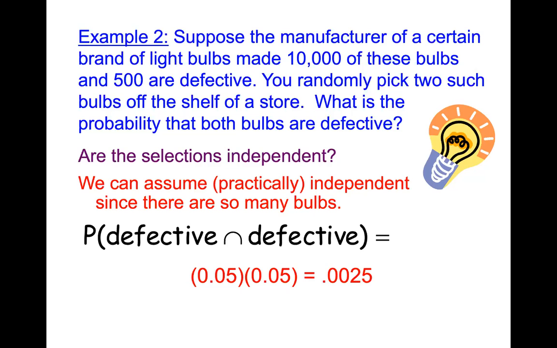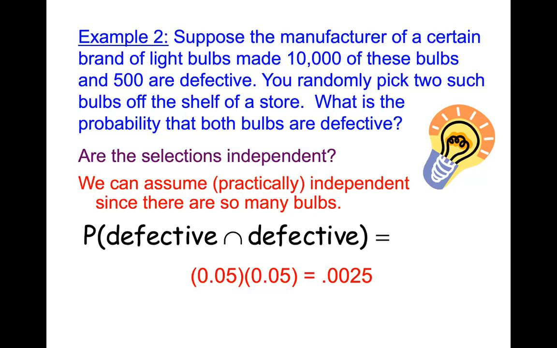13 out of 52 is 0.25. 12 over 51 is 0.23. So it made a pretty significant change, right? But if I'm doing 500 over 10,000, that's 0.05. And I do 499 divided by 9,999, that's 0.0499. I don't know if you guys can see that, but it didn't change that probability that much.